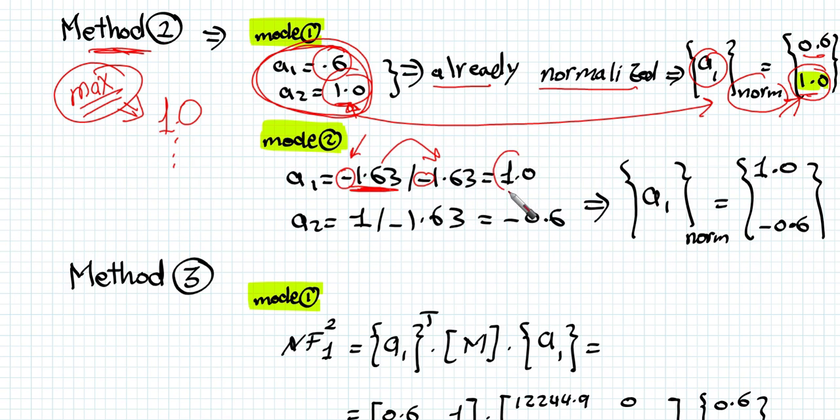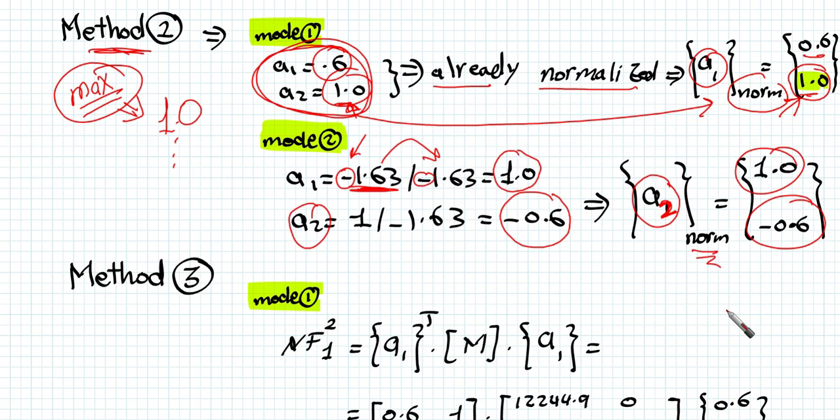It is going to be 1. And the other amplitude is going to be minus 0.6. This means that, sorry, this is not A1, this should be A2 here, because this is the second mode shape. A2 is normalized by this method, and it gives us 1 here and minus 0.6 here. Okay.